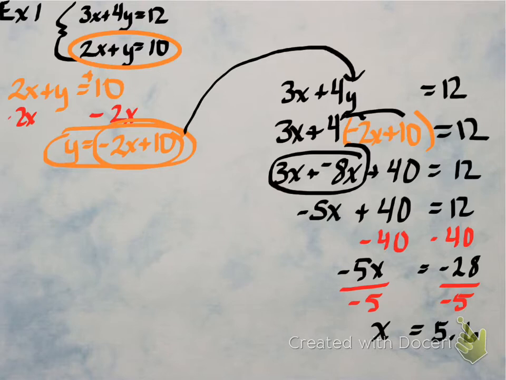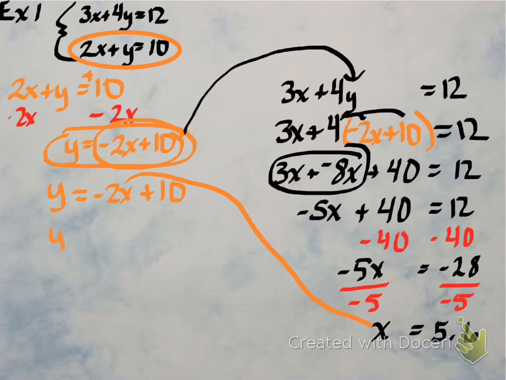Now I know what x is. So I'm going to come back into y equals negative 2x plus 10, and replace that x with my new number for x.